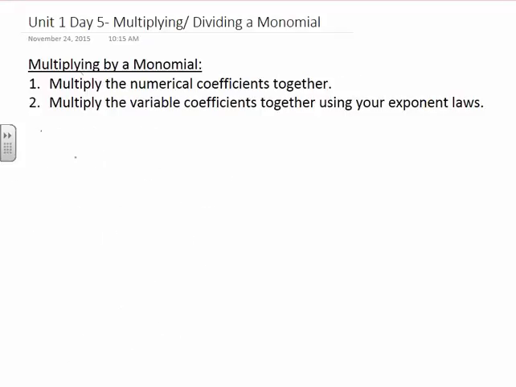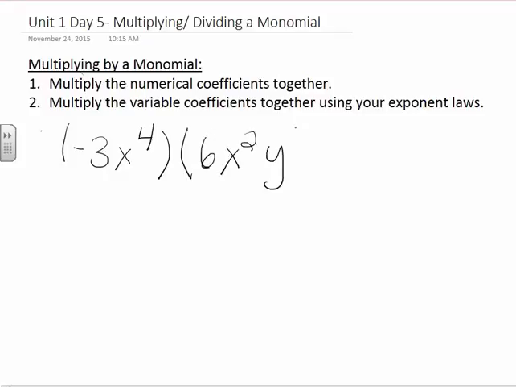Let's try one more example with a little bit more to deal with. Negative 3x to the 4 times 6x squared y. Hopefully you notice that there are two variables we're working with, x's and y's. To multiply these monomials, let's use our steps.